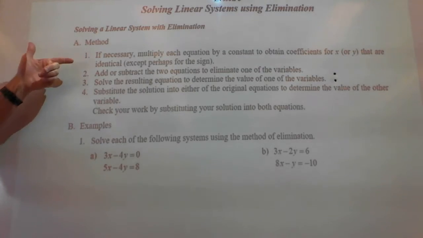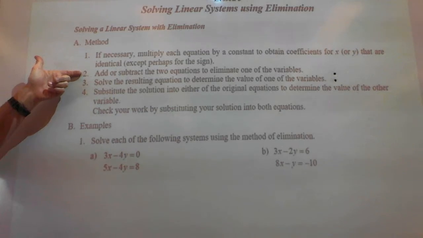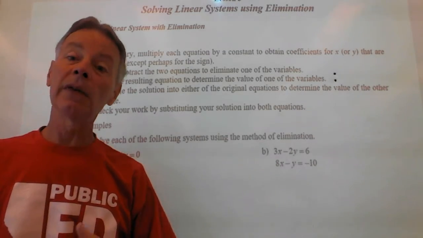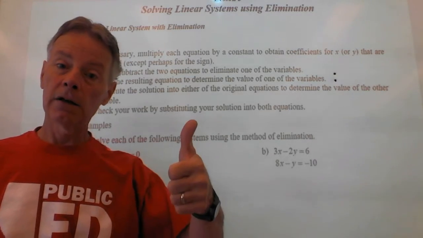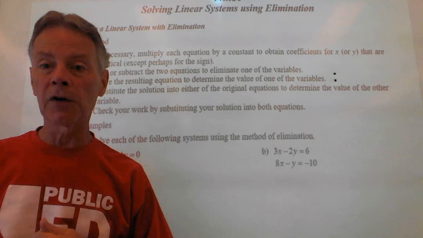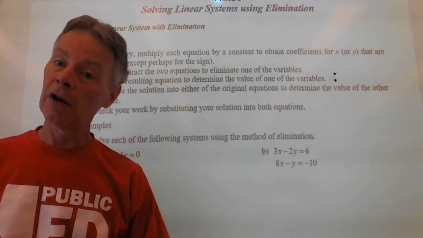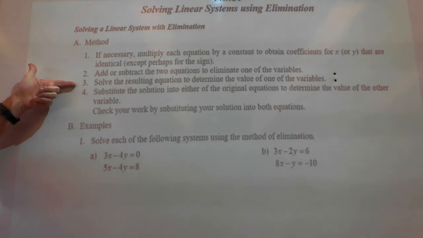Okay? Once you've done that, then you can add or subtract your two equations, and that will result in the elimination of one of your variables. Yay! If you can get rid of one of your variables and you're left with an equation that only has one variable, you can isolate it and solve, which is step 3.